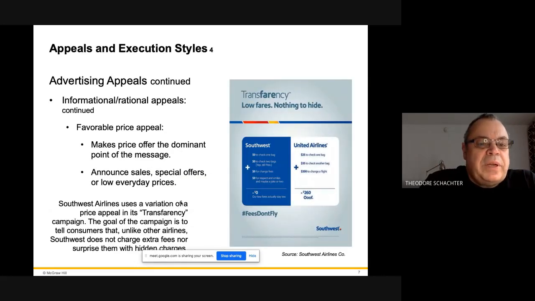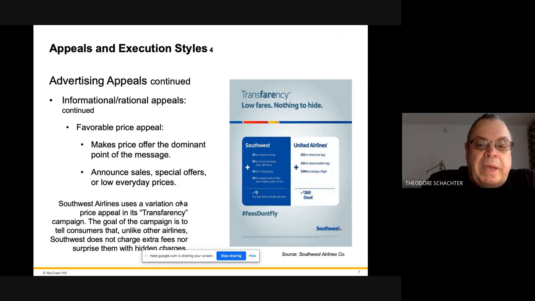Another way we can do it is price. You say, hey, Southwest Airlines goes to the same place as United in a nice, safe environment, but we fly for less. So you get a cheaper air ticket. Okay.